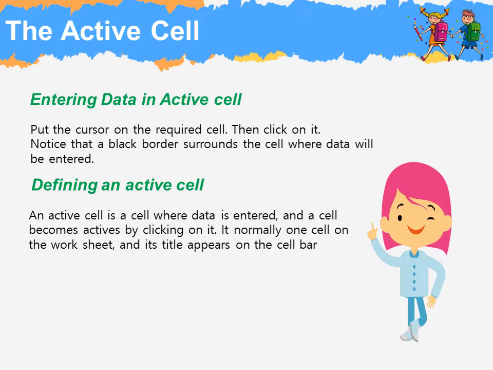Notice that a black border surrounds the cell where data will be entered. A cell becomes active by clicking on it. Normally there is one active cell on the worksheet, and its address appears in the cell bar.